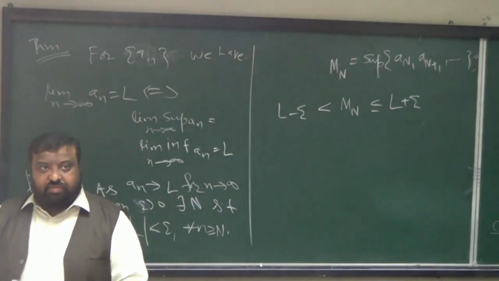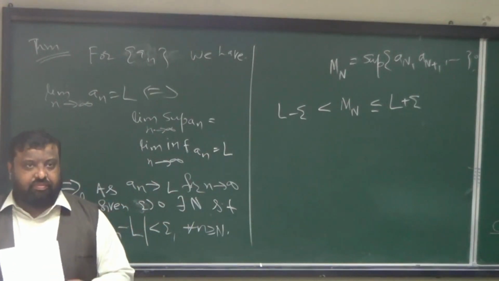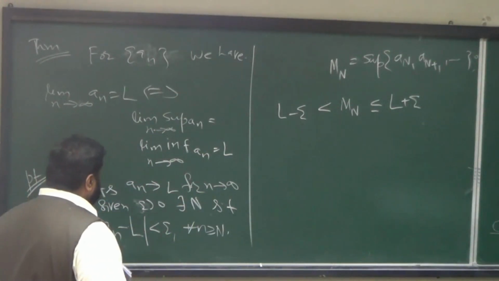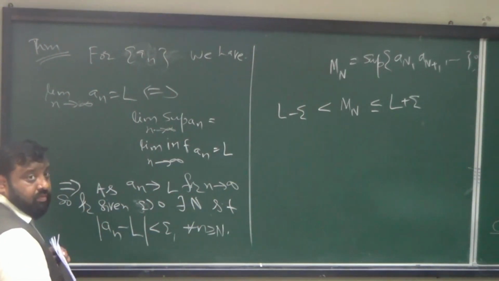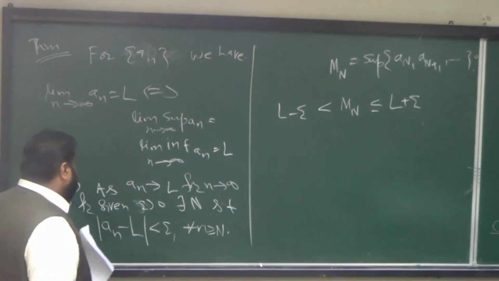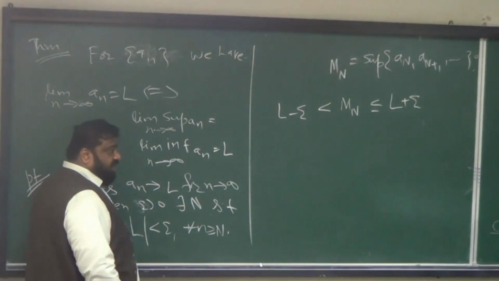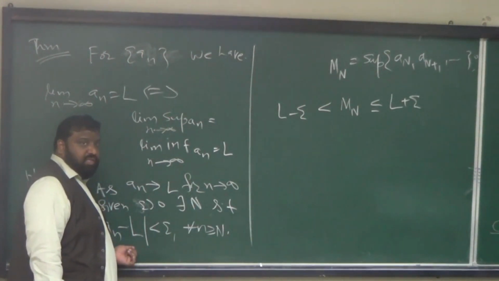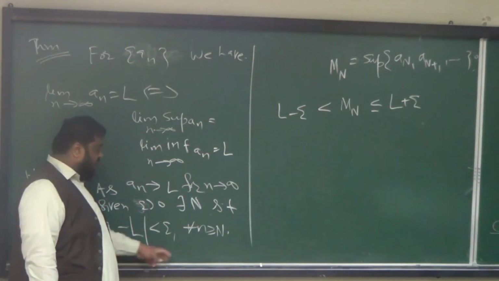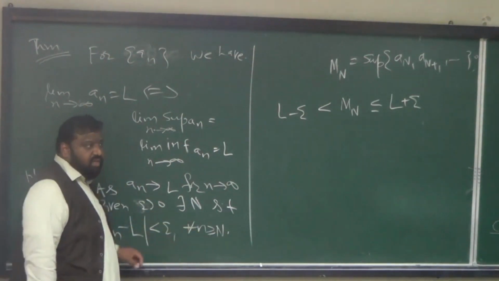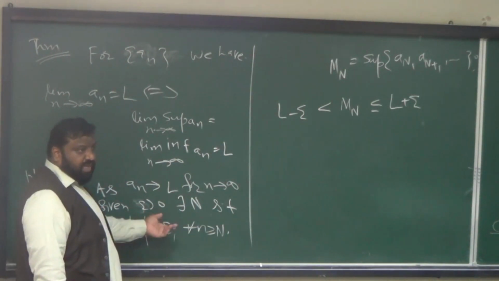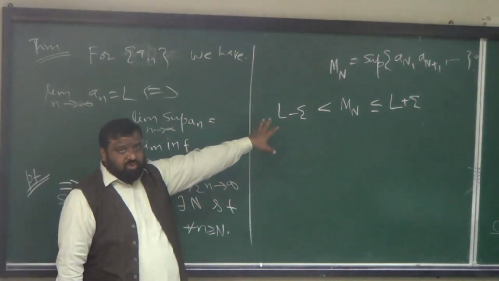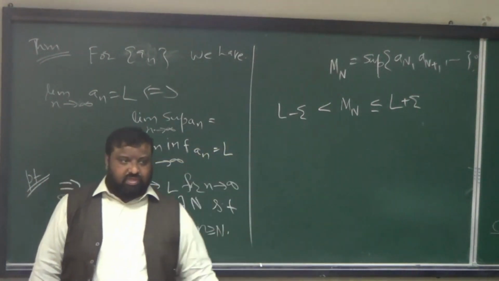Why would this be the case? Just think about it. This inequality holds for all a_n for all n bigger than or equal to N. So it's going to be true for the supremum as well.